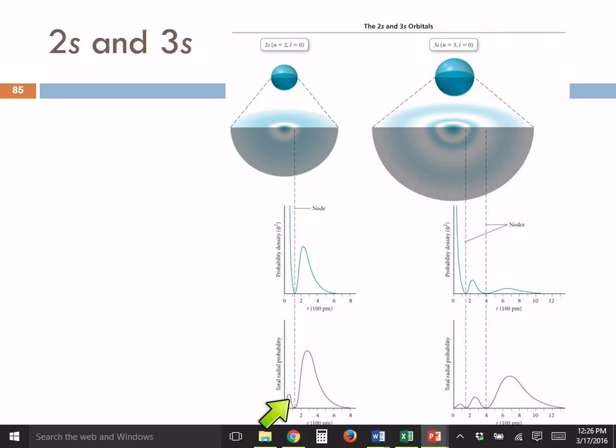We see that there's zero probability at the nucleus, and the probability rises and then it falls again. There's the node, and then it's greater out here. So the analogy with the standing wave is not perfect by any means.